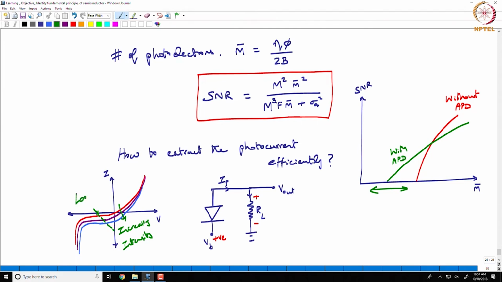As I am loading the photodiode, the corresponding current that I am going to have is actually going to be limited by this load line, because effectively my reverse bias, which I started with, this value VB, is getting compromised as you go to higher and higher intensity of light falling on the photodiode, as you extract higher photocurrent.